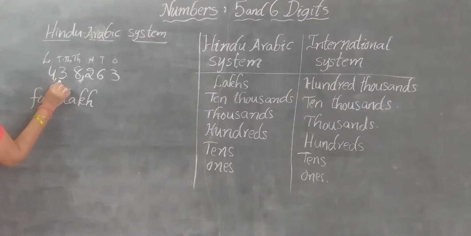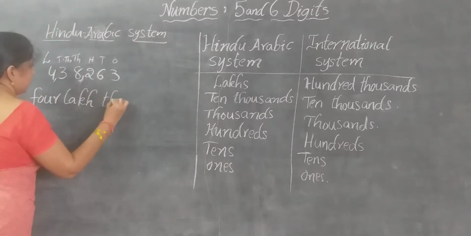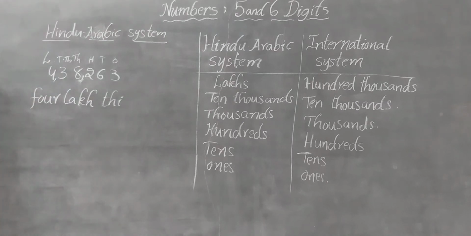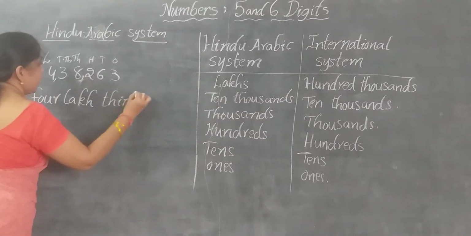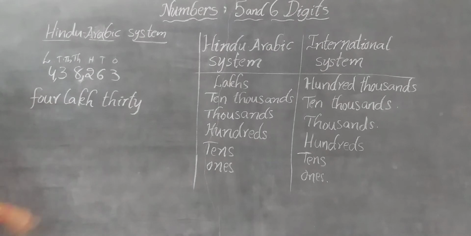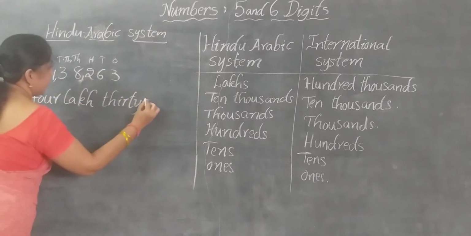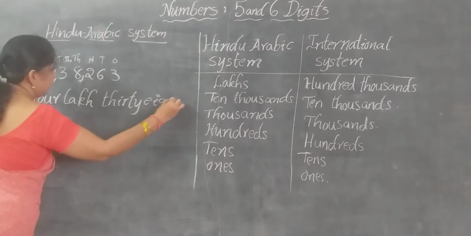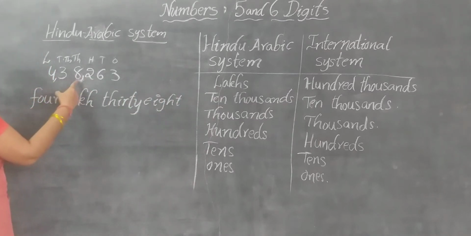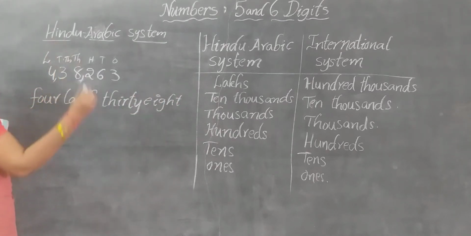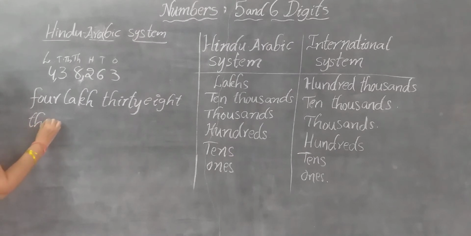So 38. 38 thousands. Say the spelling 30, T-H-I-R-T-Y. 30,000 or 38,000? Yes, 8 is also here. So 38, E-I-G-H-T. 38. What 38? Thousands. 38,000.